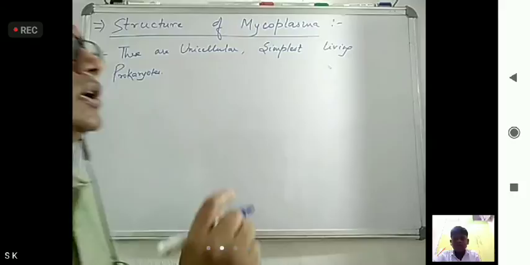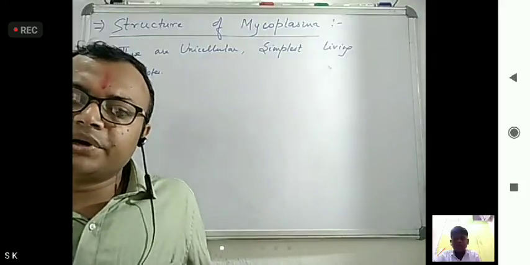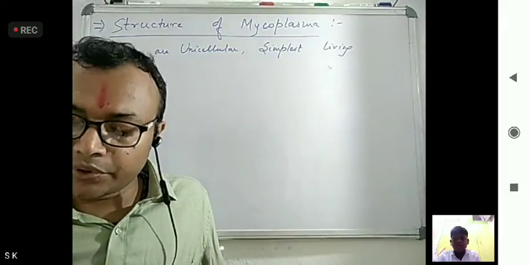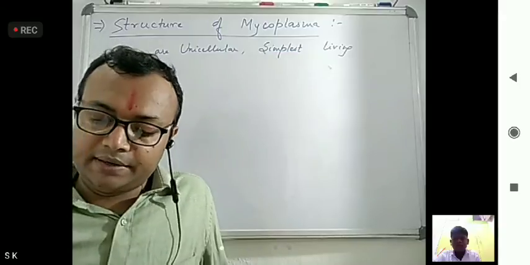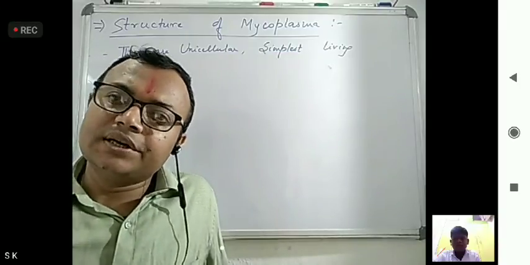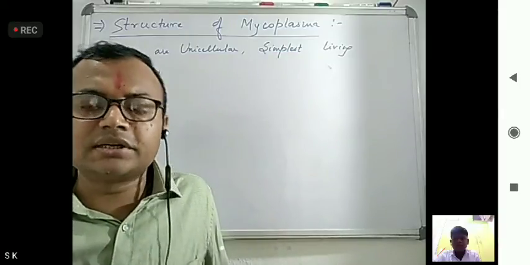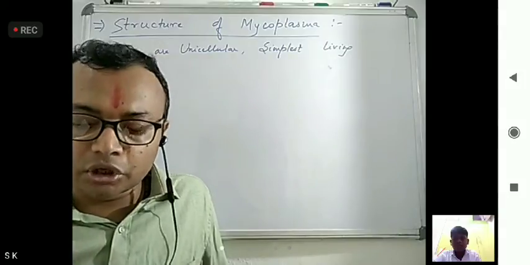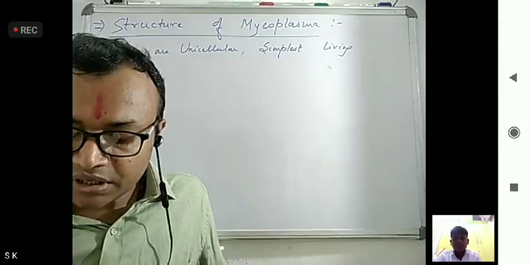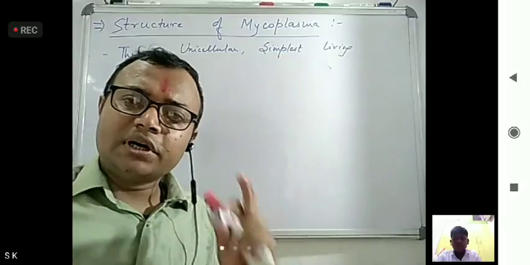Okay, and what I told, they don't have cell wall, already discussed. That's why it is having what? Pleomorphism in nature.